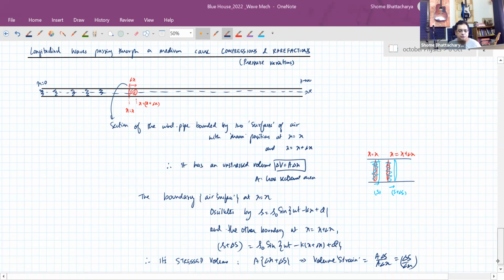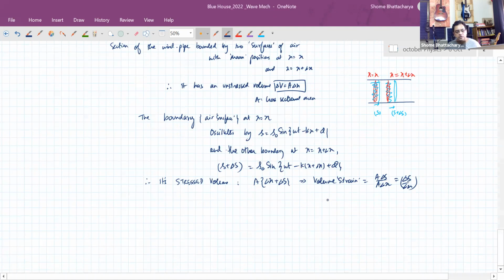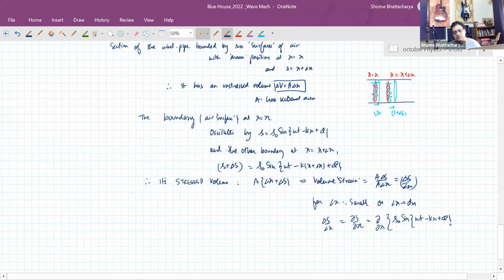So if we take delta X to be small, or delta X tending to dx, then delta S by delta X will become del S by del X. So it will become del by del X of S as a function of X and time, which is S naught sine omega t minus kx plus phi in this case.